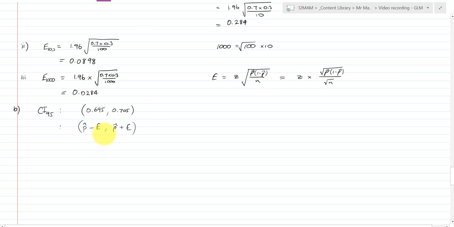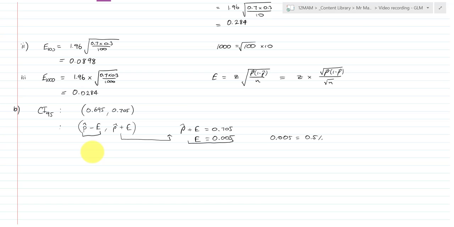And so let's say I'll take this one, p hat plus E has to equal 0.705, which means that E, because p hat is 0.7, has to equal 0.005. And 0.005 is equal to 0.5%. That's our 0.5% above, and that's our 0.5% below. There's where our 1% comes from. So that reworded version is a lot better.